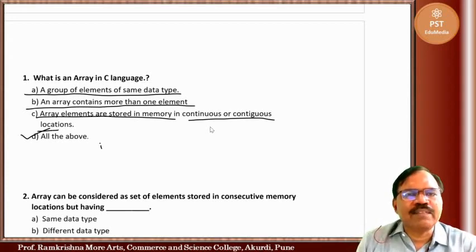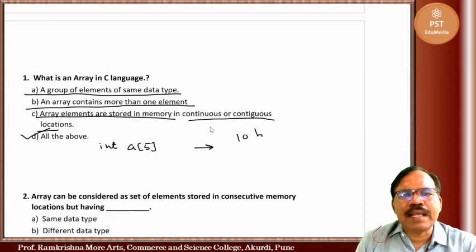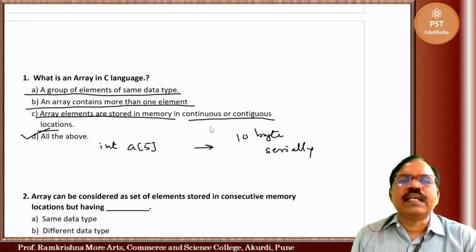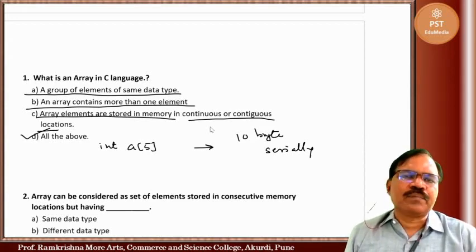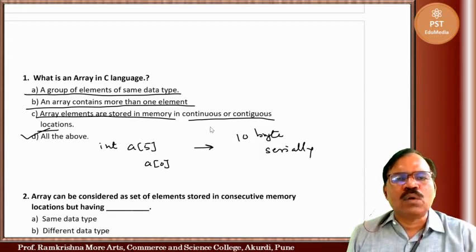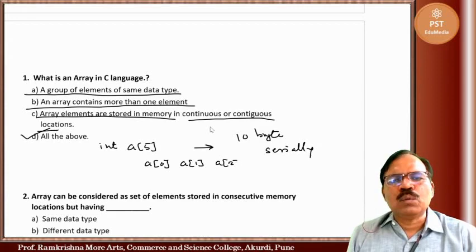So you can define integer, suppose a5. So serially 10 byte memory is reserved. So first element of the array is called a0, then a1, a2, a3 and a4.